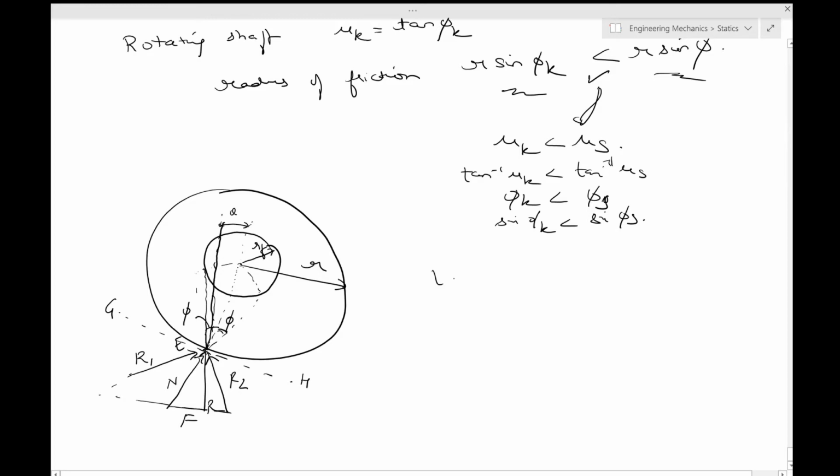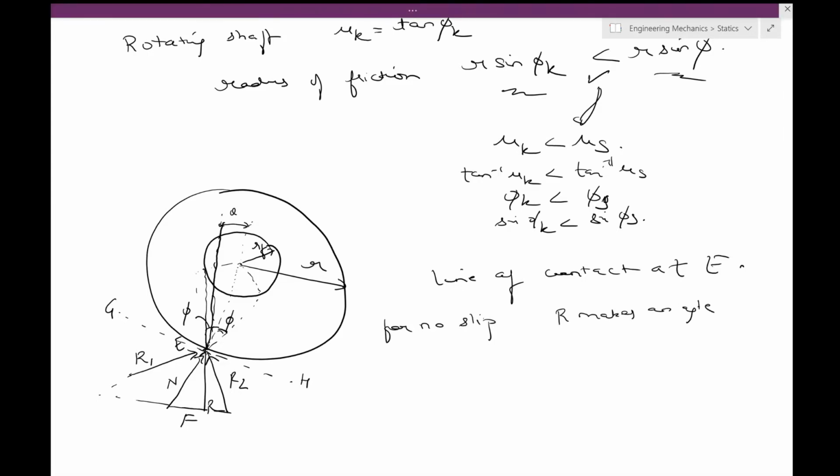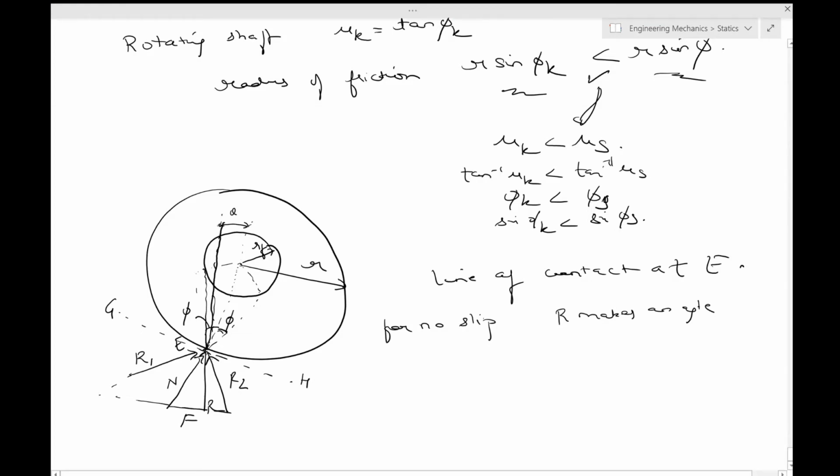If you have a line of contact at E, E is shown for no slip, R makes an angle theta, perhaps I can show that with this. So this is R, actually only until here, but I've shown this blue line just to show that line of action.